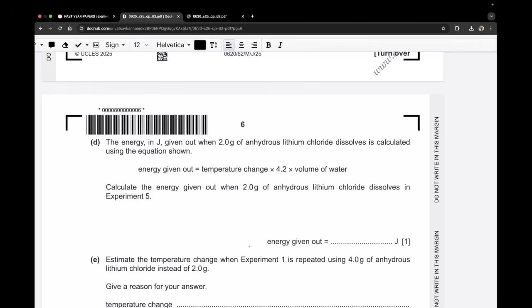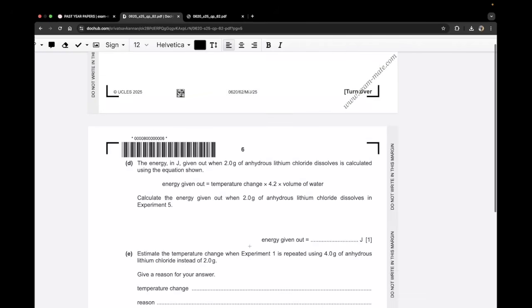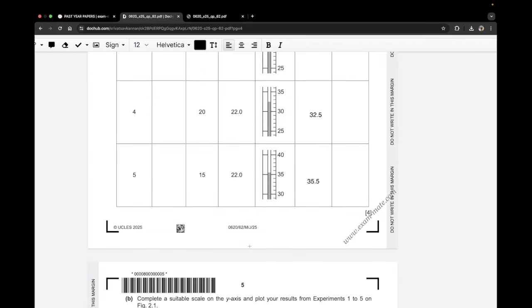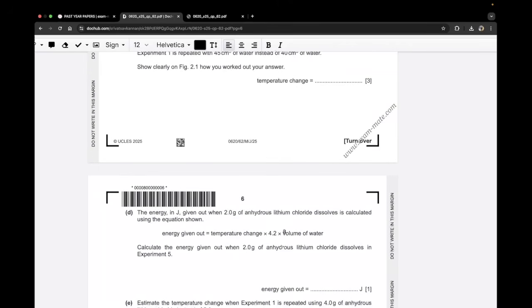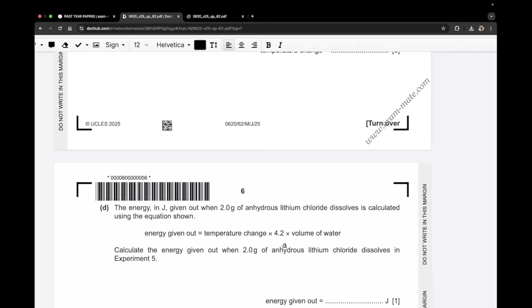Alright, so the energy in joules given out when 2 grams of anhydrous lithium chloride dissolves is calculated using the equation shown: temperature change times 4.2 times volume of water. Results in experiment 5. So we just go up and check the temperature change in experiment 5, 35.5 and 22. That is 13.5 degrees Celsius, right?